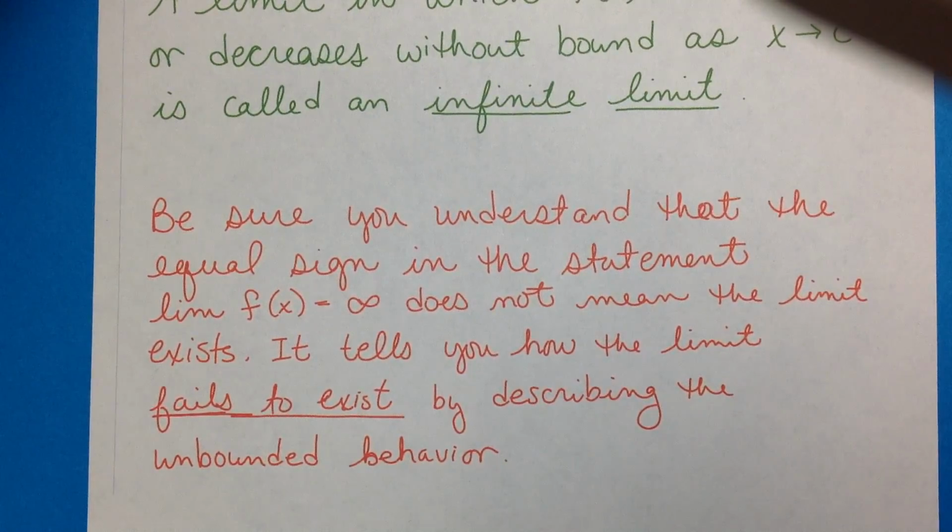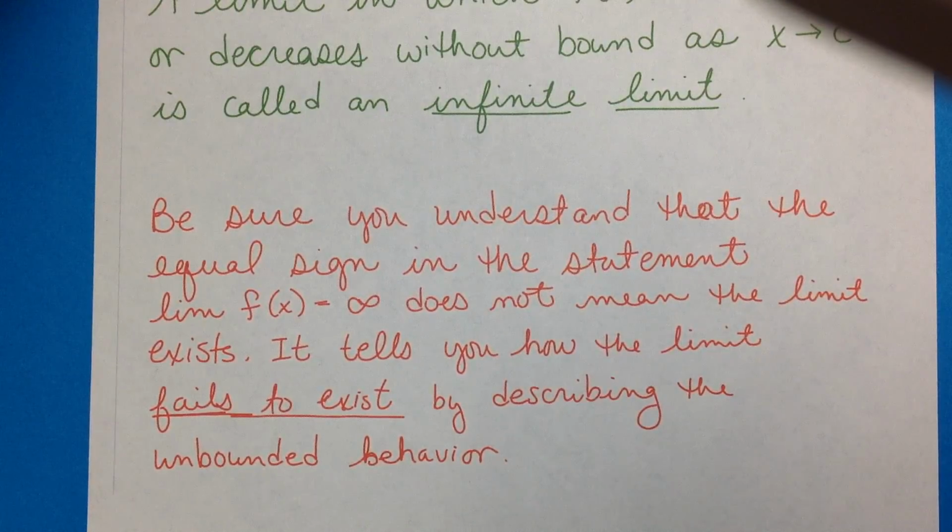Alright, so as it states here, be sure you understand that the equal sign in the statement, when you have the limit of a function and you state that it's equal to infinity, does not mean that the limit exists. It just simply tells you how the limit fails to exist by describing the unbounded behavior. So it's not changing anything about what you were told before.